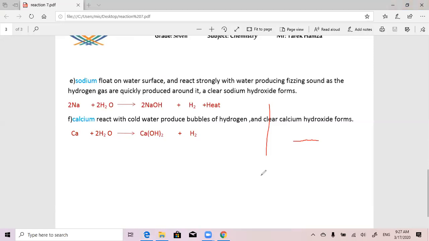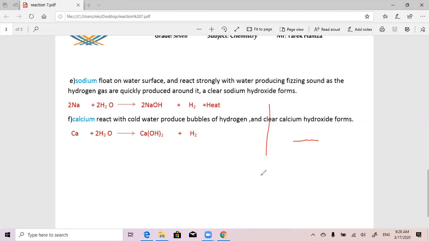Yes, Yasmin, any questions? Mujahid: Mister, does calcium react with hot water? It doesn't need hot water, because when you put it in cold water, the reaction is finished.